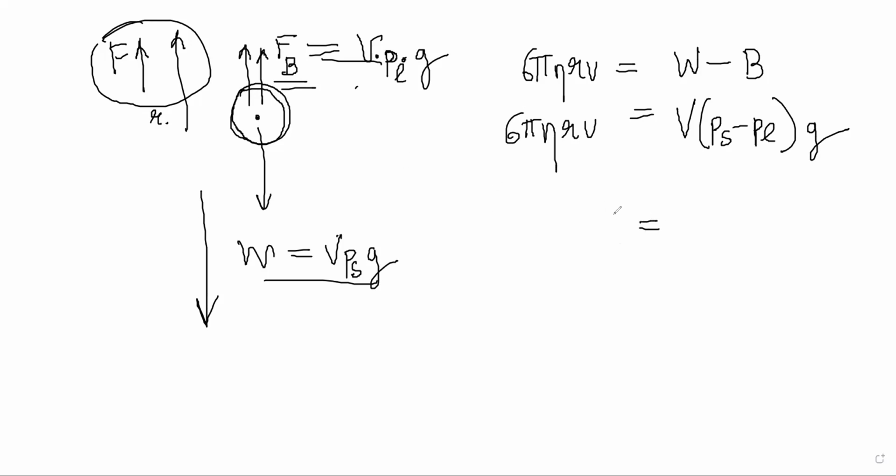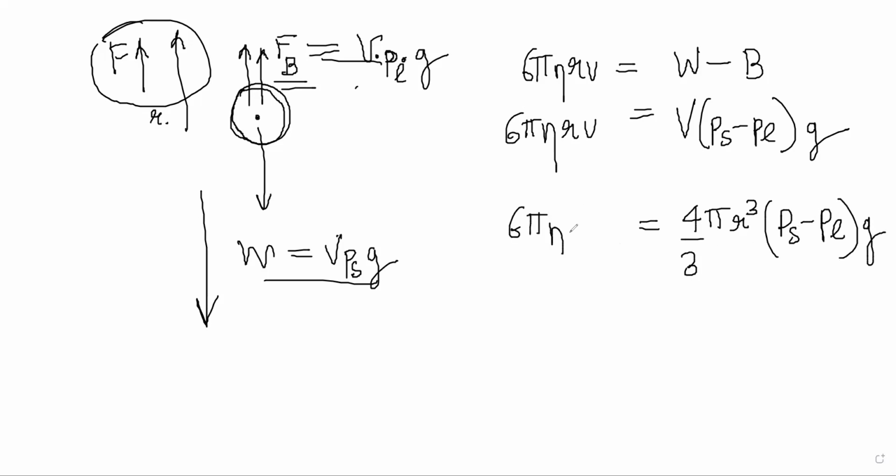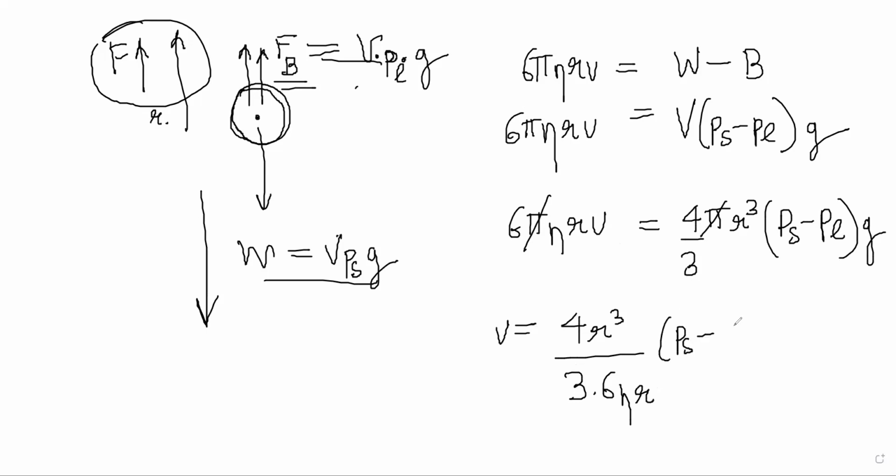And V, because we are assuming a sphere, will be 4 by 3 pi R cube, times (rho S minus rho L) G, and this equals 6 pi eta RV. Now pi will get cancelled and velocity will become 4 r cube by 3 into 6 eta r, and (rho s minus rho l) G. So this is becoming 2 by 9, and this is becoming r square.